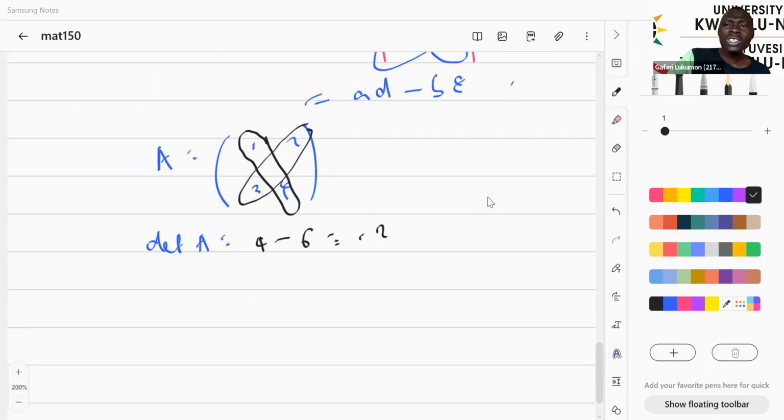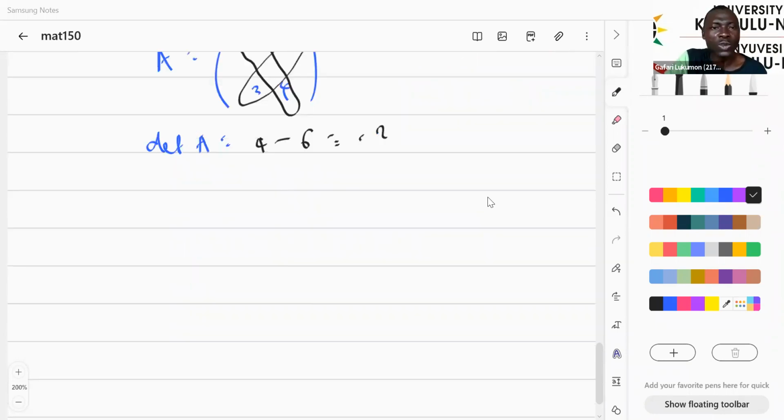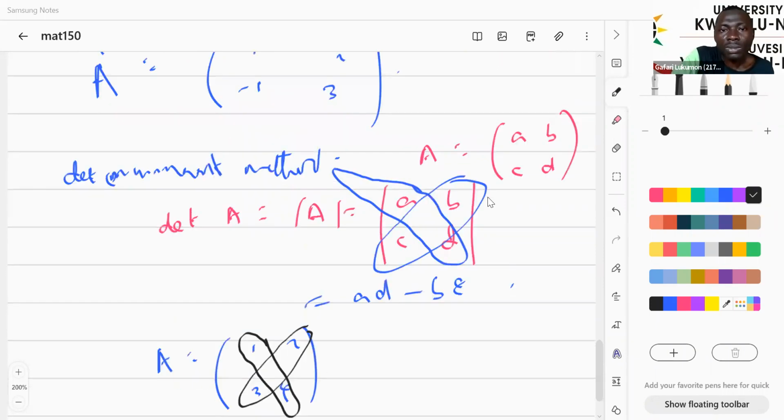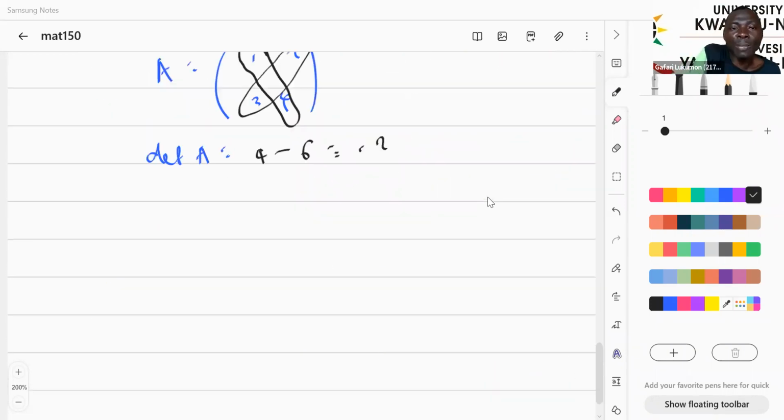Okay, now, what if you want to use the determinant method to find your inverse? That is also possible. How do you do that? Let us use the same example we had up. Before I use the example, if you want to find the inverse of a matrix using this method, it will be 1 over the determinant of that matrix.